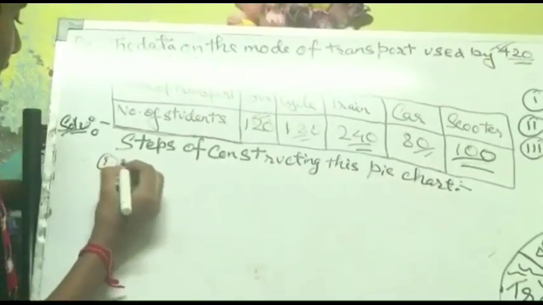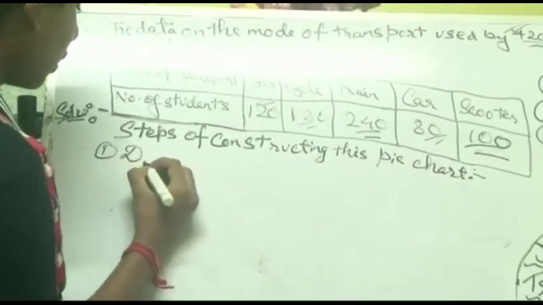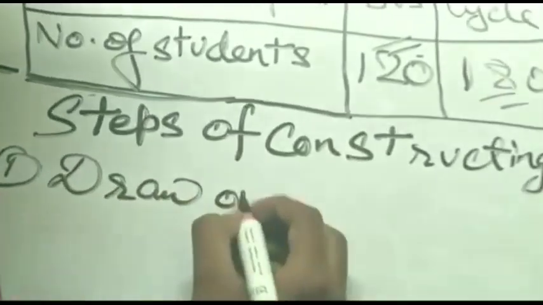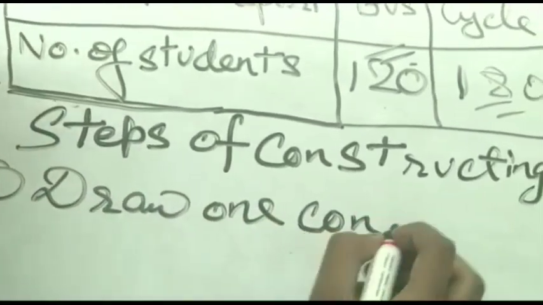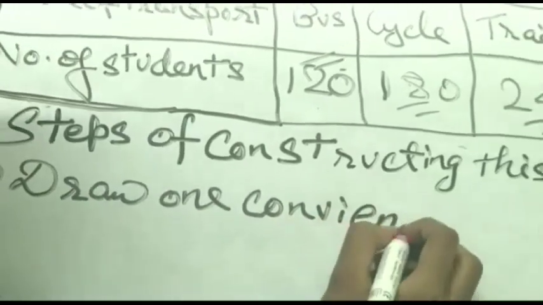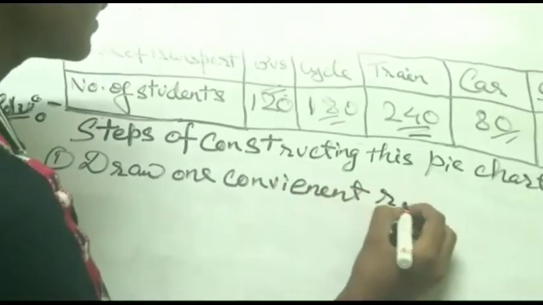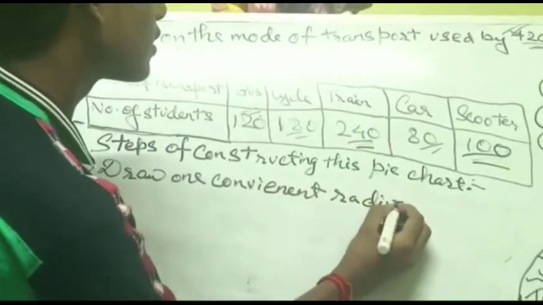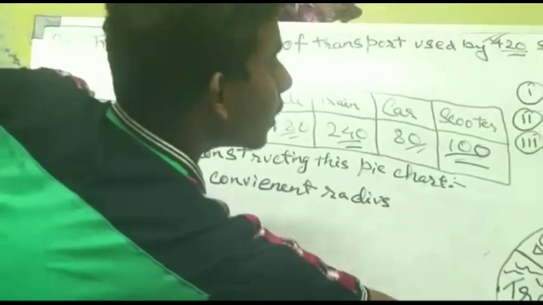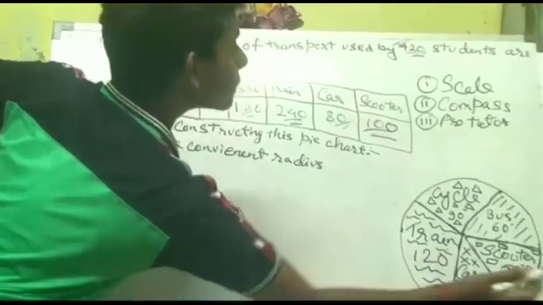First step, draw one convenient radius. We have to draw this convenient radius.